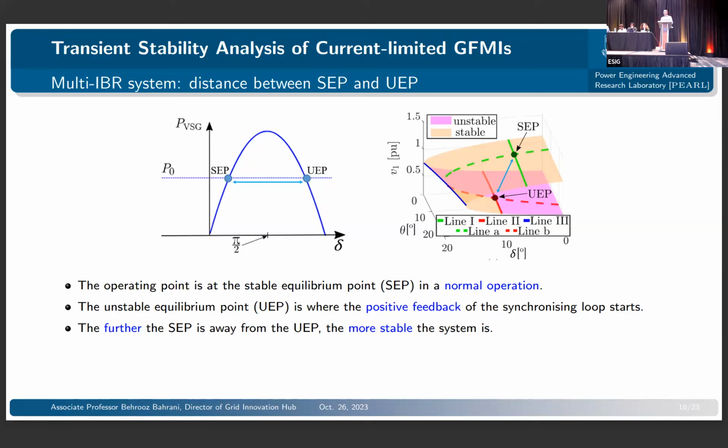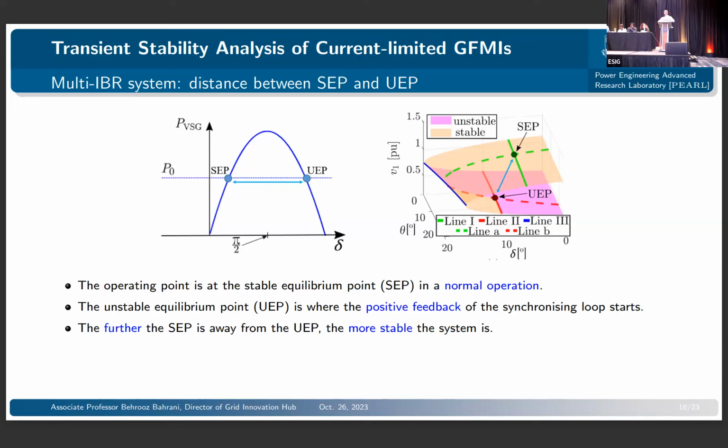Now, you might want to change certain things in that system, and then you'll see what is happening to your distance. So it can essentially help you to plan a system. One very interesting application for us in Australia would be renewable energy zones. We are building some renewable energy zones, and now we are in the design phase of those. If this tool is available to AEMO, they can look at this and see, for example, that in this particular renewable energy zone, if we place inverters in these different areas, this is the margin we get.